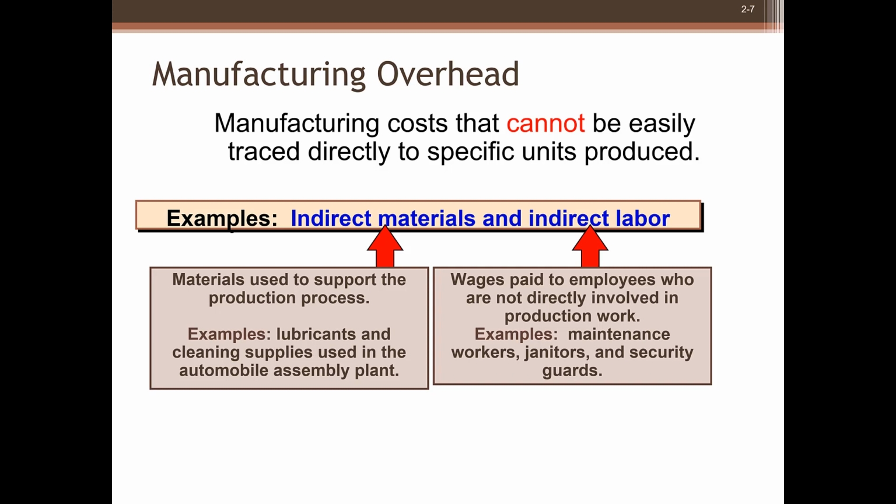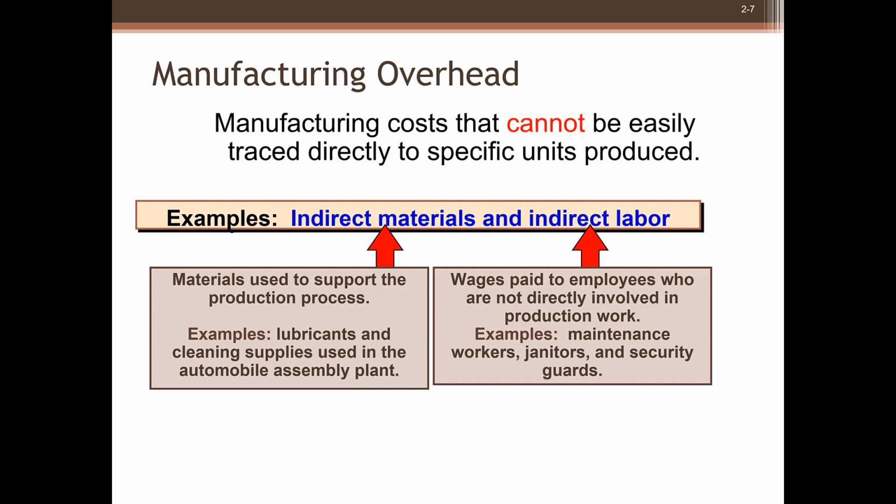Manufacturing overhead includes indirect materials and indirect labor. Indirect materials are materials used to support the production process, such as lubricants and cleaning supplies used in the car assembly plant.